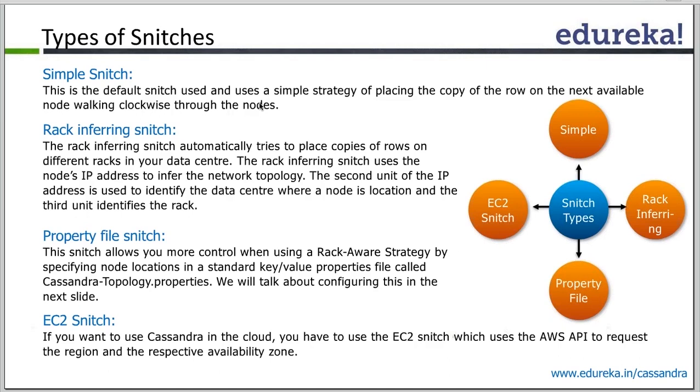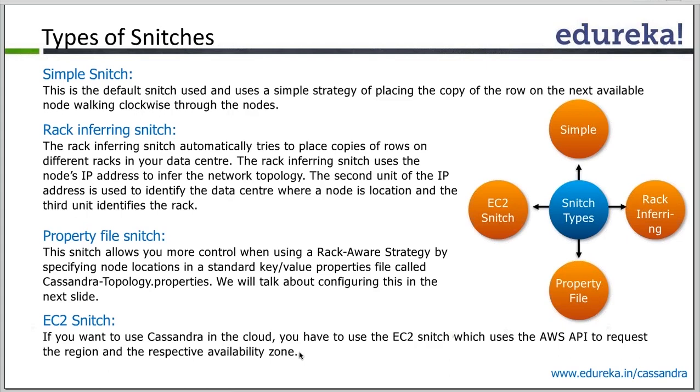It allows you more control when using a rack aware strategy. It gives you information about the location of your replicas, or rather the nodes in the cluster, and which data center they belong to. All this information is provided inside cassandra-topology.properties.